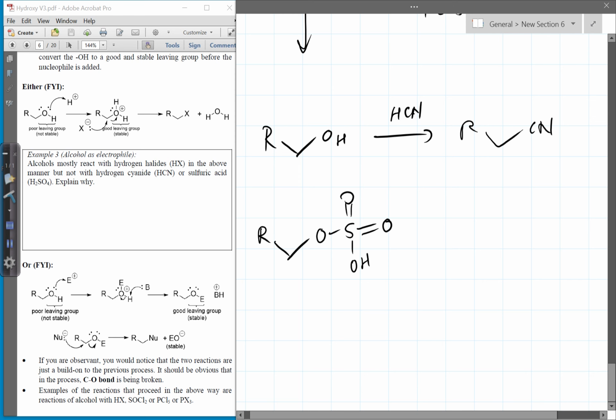For the first one, why doesn't it occur? OH minus is a poor leaving group. But HCN is somewhat acidic, correct? This is your HCN. So why can't it get protonated to form these species before your CN minus comes in to attack?